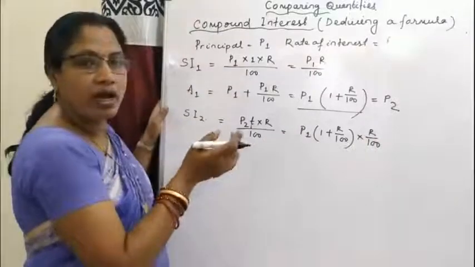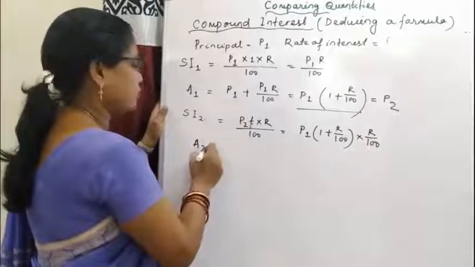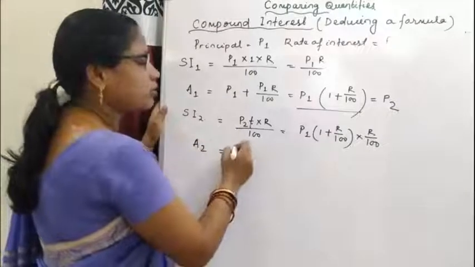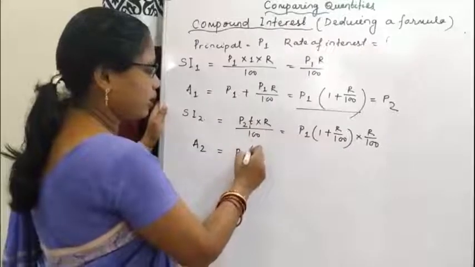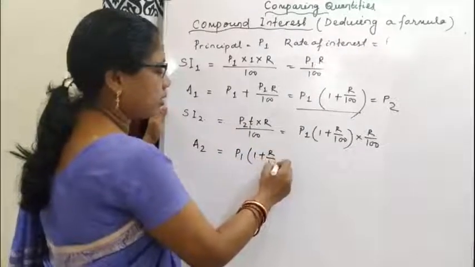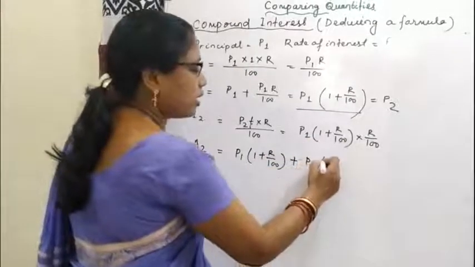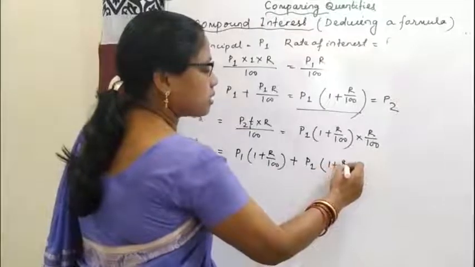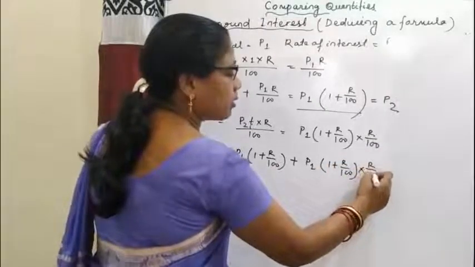Then what is the amount at the end of the second year? That means A2. So A2 is equal to, what is our P2? P1 multiplied with 1 plus R by 100, plus the simple interest, P1 into 1 plus R by 100 multiplied with R by 100.